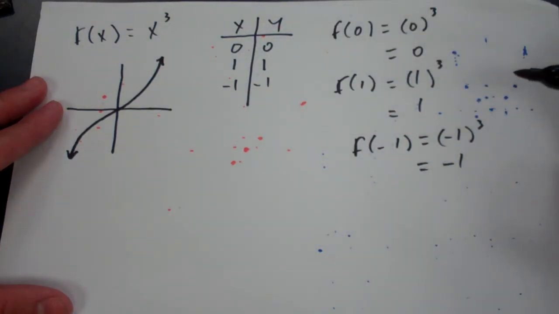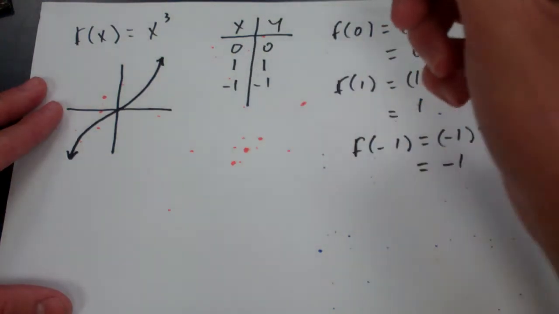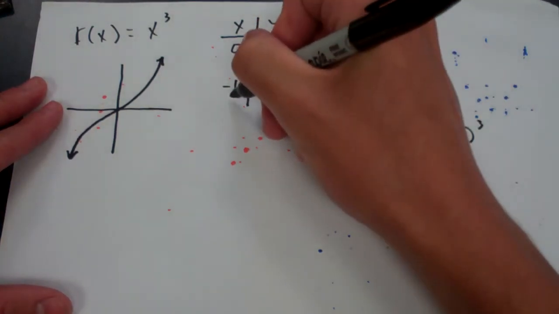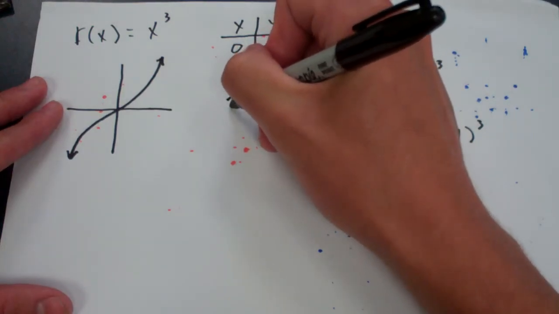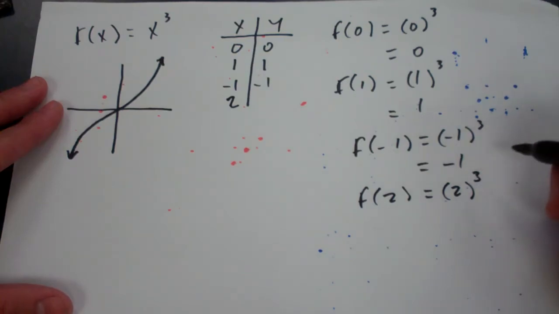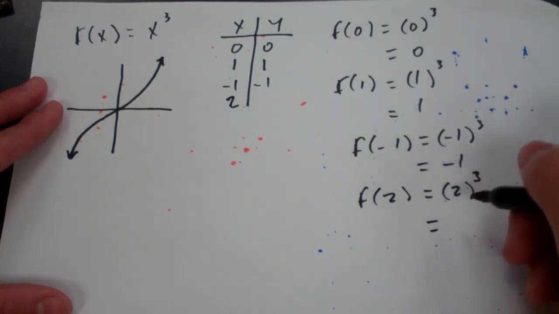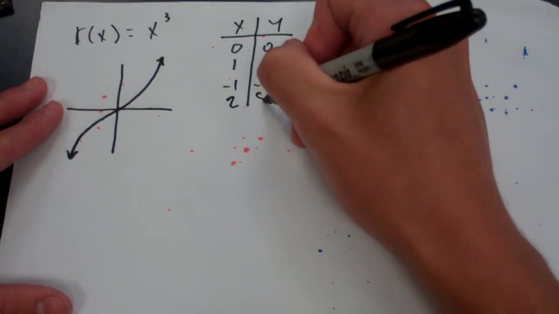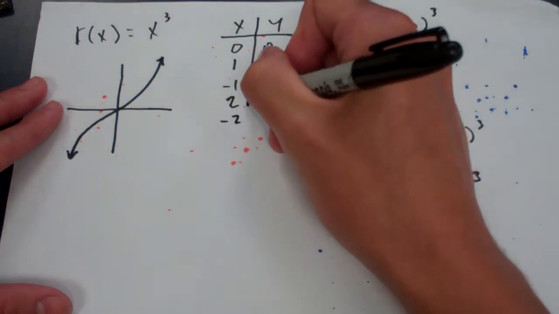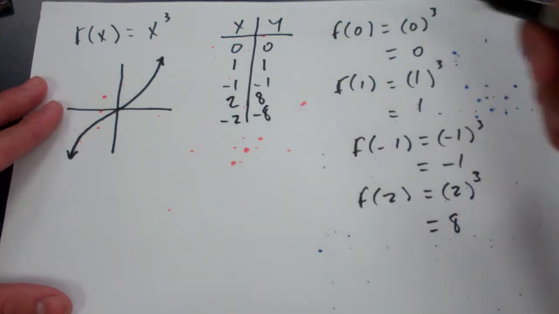Now let's go on to 2. F of 2 is equal to, at x is equal to 2, in other words, we have 2 cubed. What's 2 cubed? 2 cubed is 8. So you can see if I plug in a negative 2, that's going to be a negative 8, right?